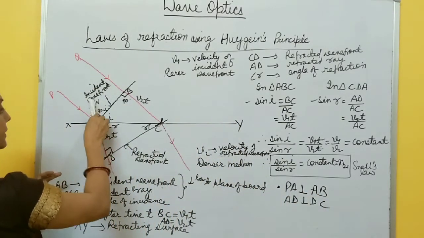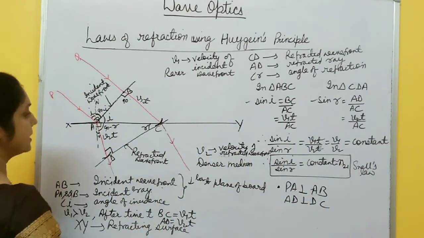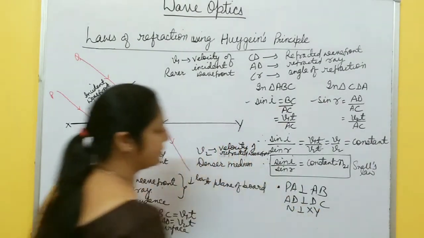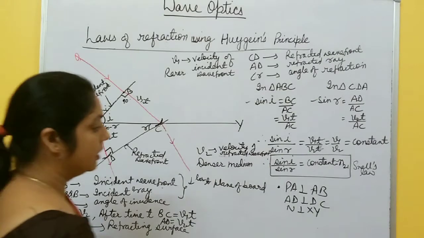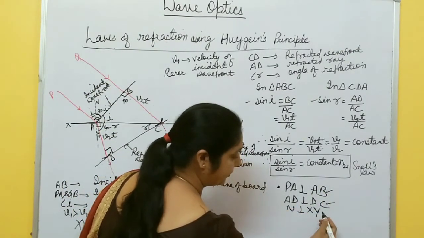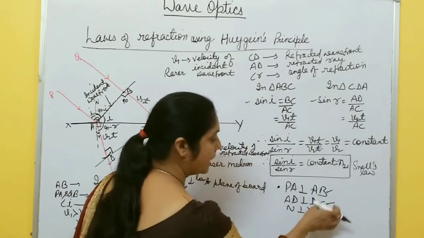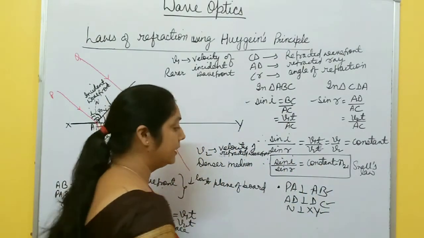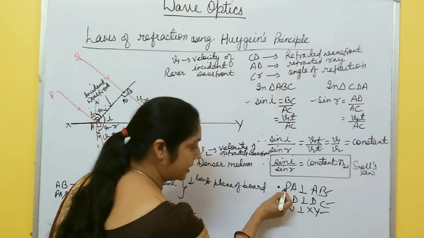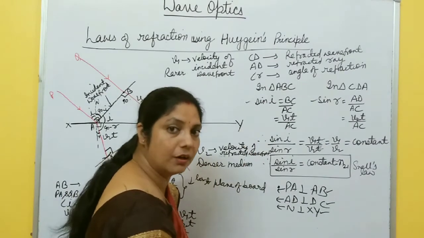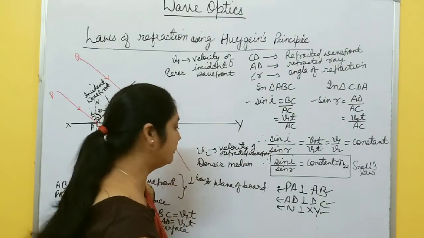Also this normal is perpendicular to the refracting surface XY. So if all these three, incident wavefront, refracted wavefront and refracting surface, are perpendicular to the plane of this board or paper, it means all these three, incident ray, refracted ray and normal, are in the plane of board or plane of paper.